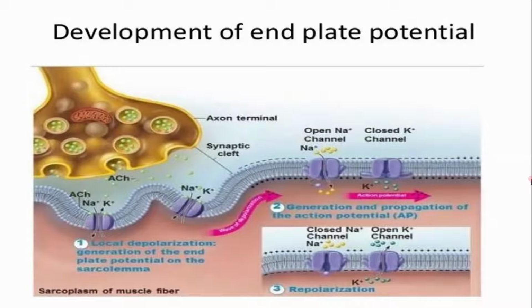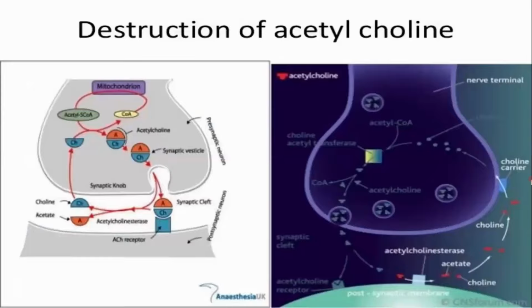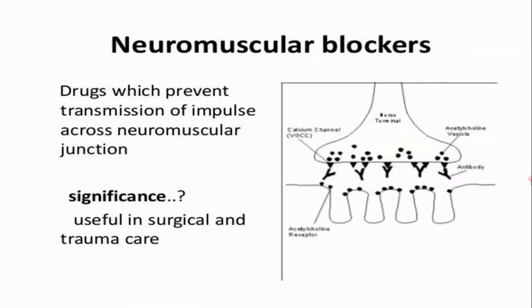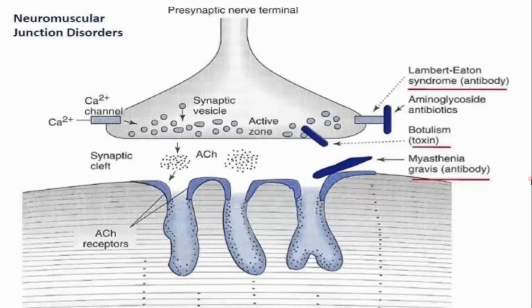So this is enough to generate an action potential in the postsynaptic membrane. In an experimental condition, there may be generation of a miniature end plate potential or an end plate potential. But usually in the neuromuscular junction, there is always development of an action potential. We have already discussed some neuromuscular blockers, that is the depolarizing and non-depolarizing muscle relaxants, and their use in surgery.